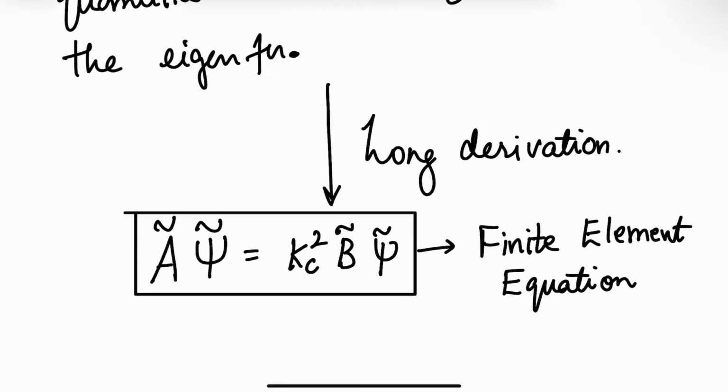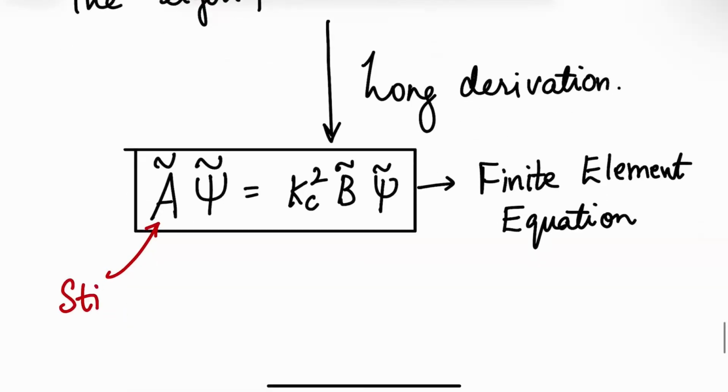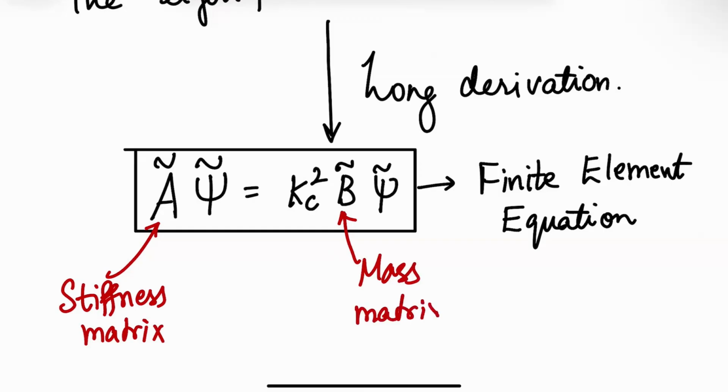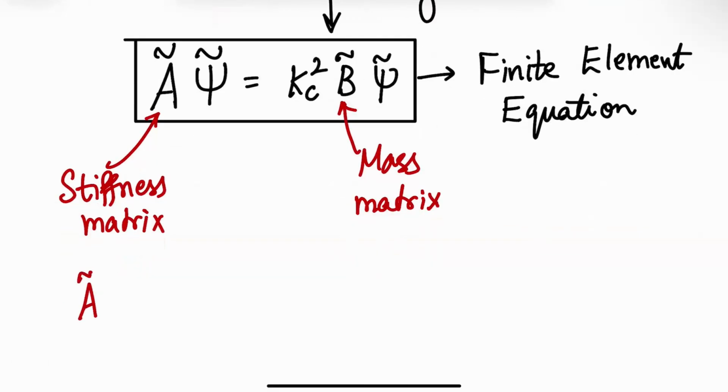Okay, and where this A is a matrix called the stiffness matrix. Because finite element comes from structural mechanics, and that's why you have these kind of structural mechanical terms. B is called the mass matrix. Okay?